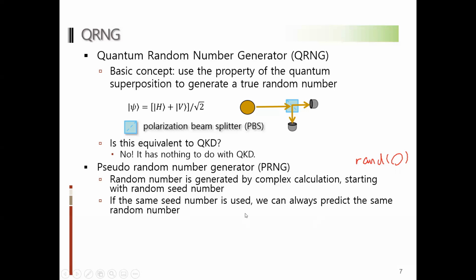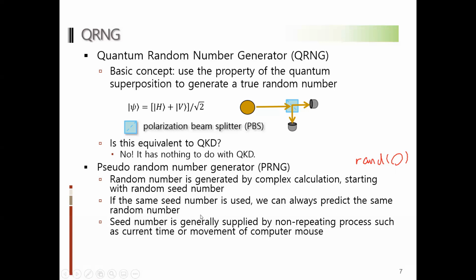So with the classical computer, the biggest challenge with random number generation is how we can generate a completely random seed number. One simple method is to use some non-repeating process. For example, if we use the current time, then whenever we call the function the number will be quite random, so using the current time as a seed number is a good choice.